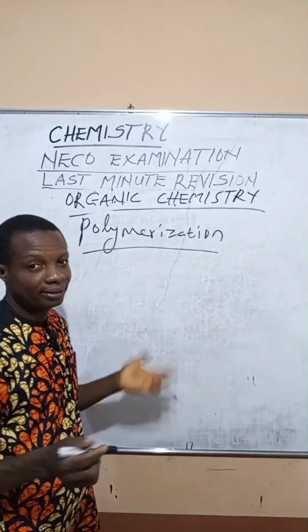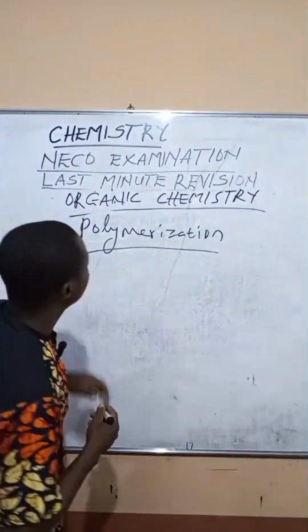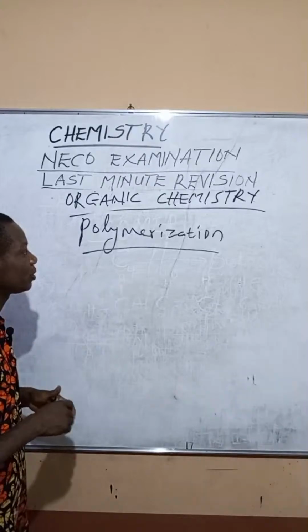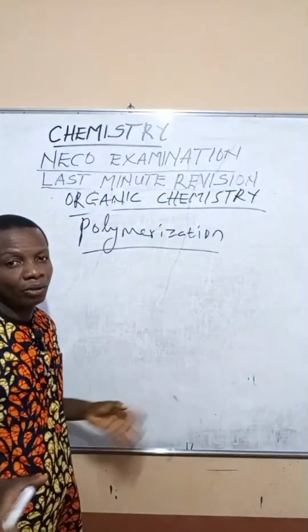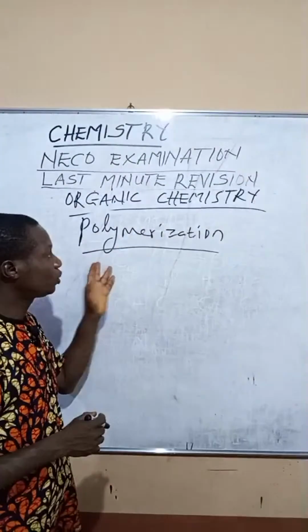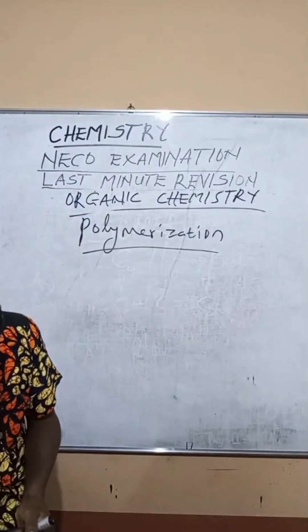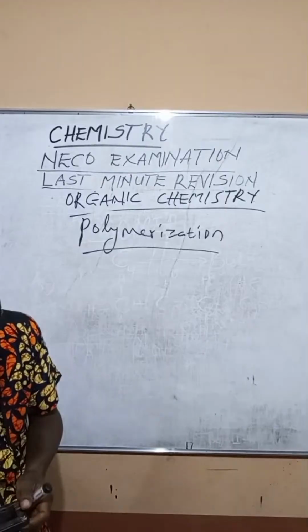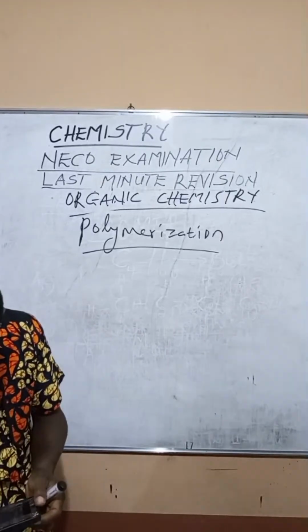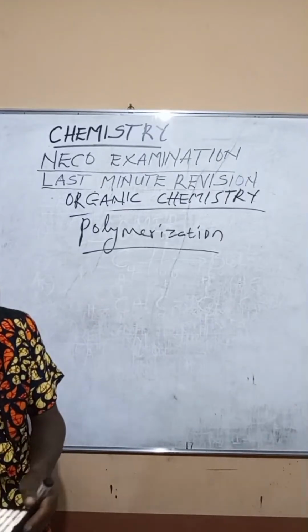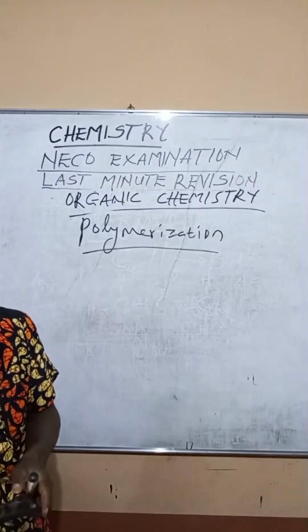When ethene reacts, we form polythene. So that is polymerization. We have the different types of polymerization. Try to read them. You just need to understand how questions can be set from there. Please take note of all of that. I think you will not have any issue once you understand how to go about it.